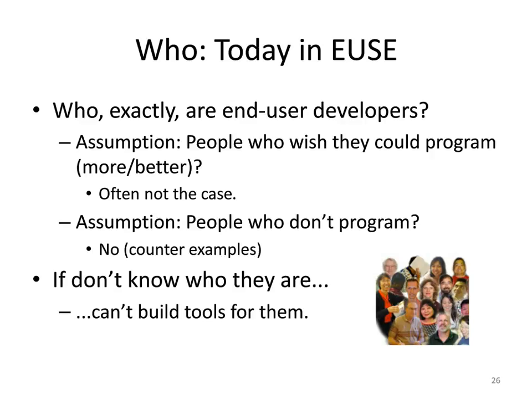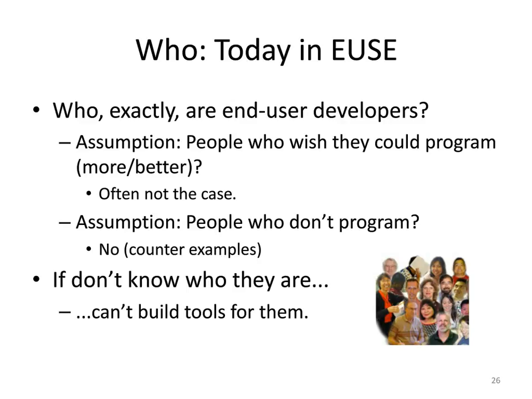A second assumption that also is not a very good one is that they're people who don't program. Well, this is sometimes true, but not always. There are lots of examples, such as lab technicians who have had some programming background, but they aren't in a professional programming situation.